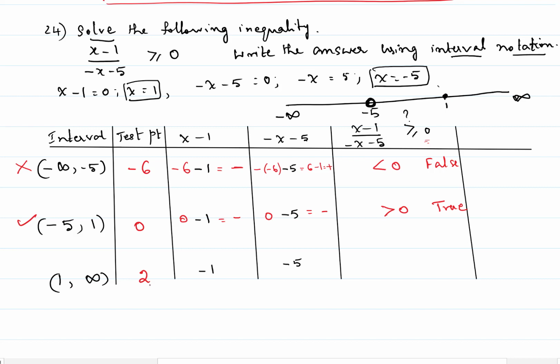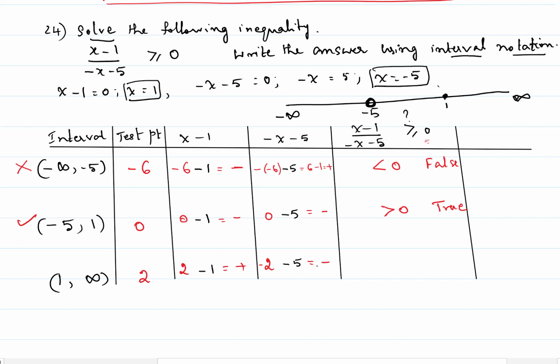Then choose the number 2 as a test point in the interval 1 through infinity. Plug 2 into x minus 1, and it gives a positive sign. Plug 2 into negative x minus 5, that gives us negative 2 minus 5, which is going to give us a negative sign.